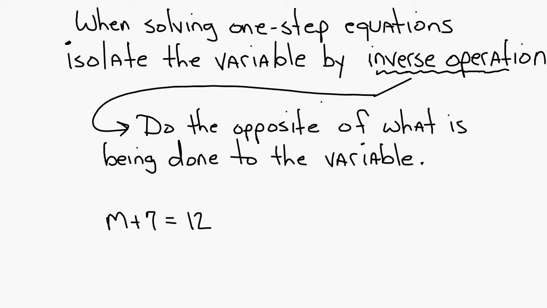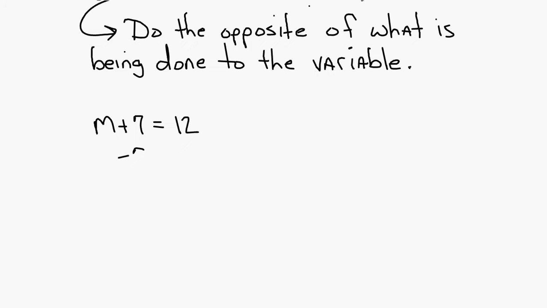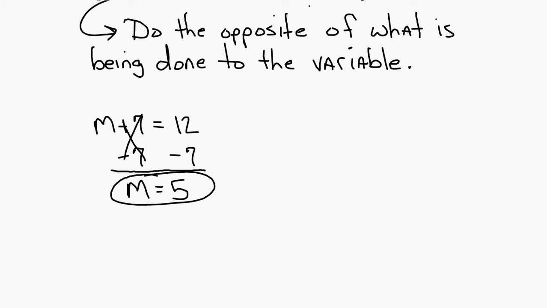And something plus 7 equals 12. Well, inverse operation means to do the opposite of adding 7, which is to subtract 7. So to solve for m in this case, you subtract 7 from each side. These 7's cancel out, and the m is isolated now. It's by itself, and it's equal to 5. And you're done.